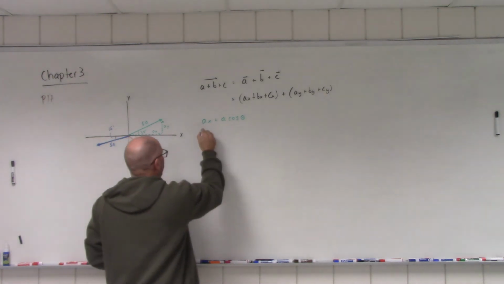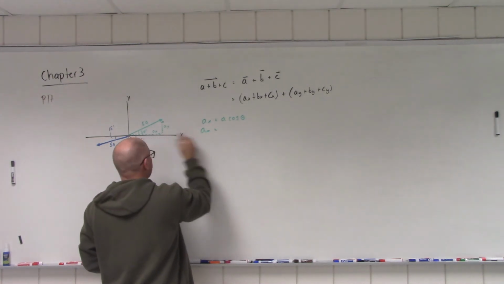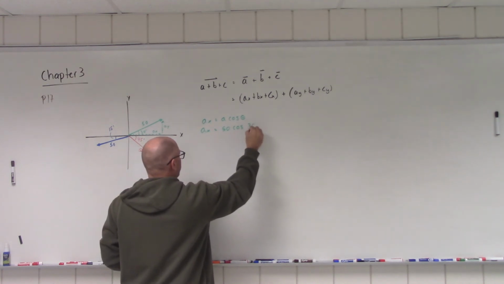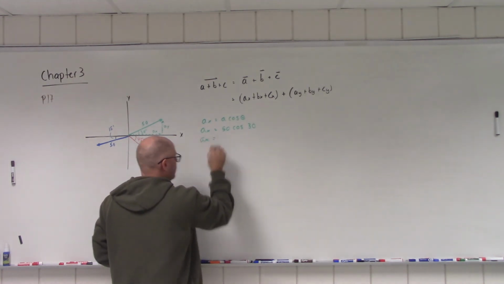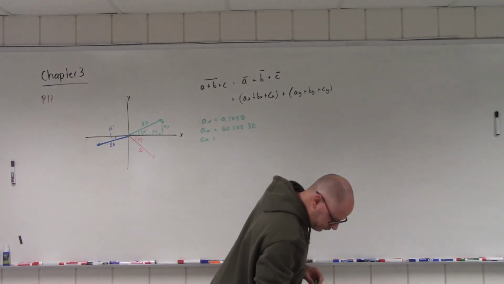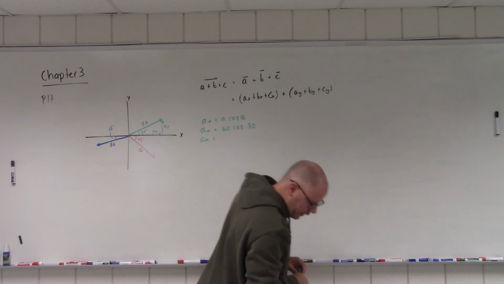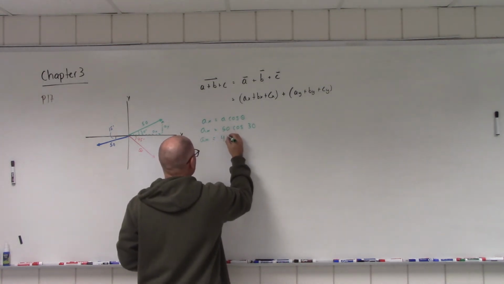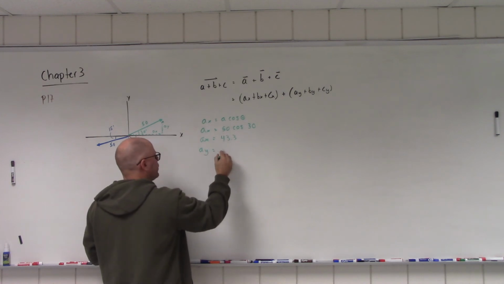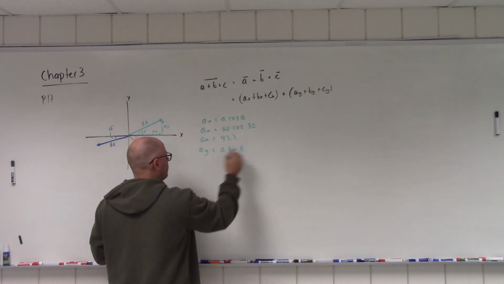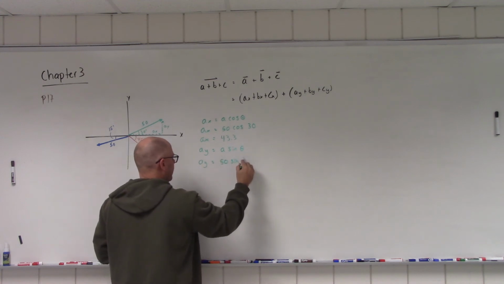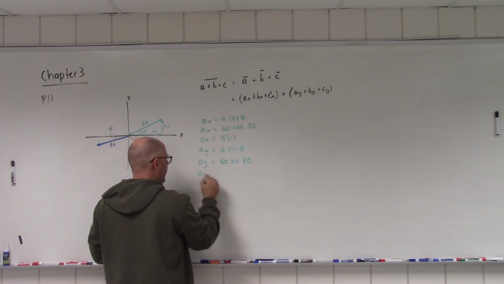So then AX is equal to 50 cosine 30. So what's AX equal to? That's 43.3. AY is equal to A sine theta. Sine 30, so AY is equal to 25.